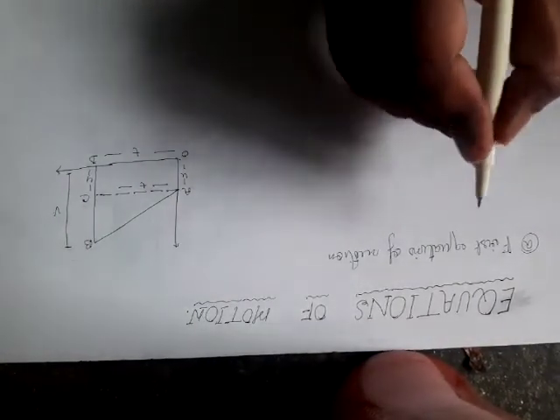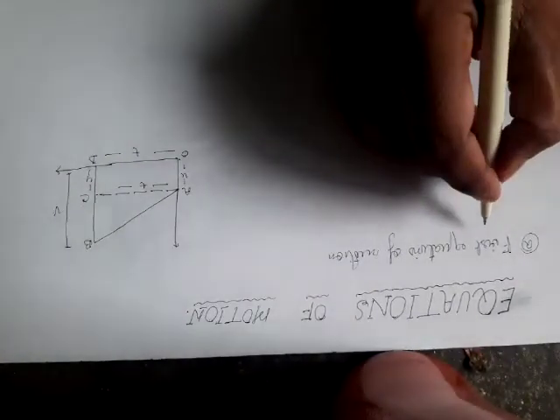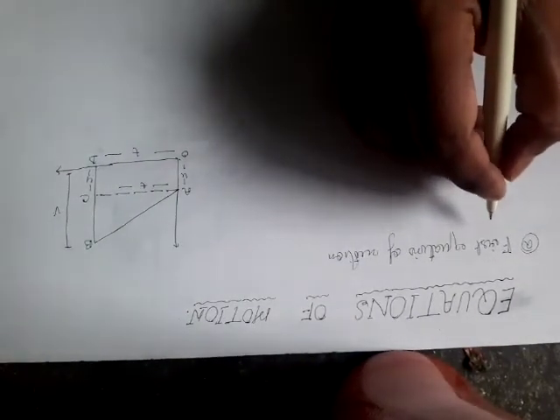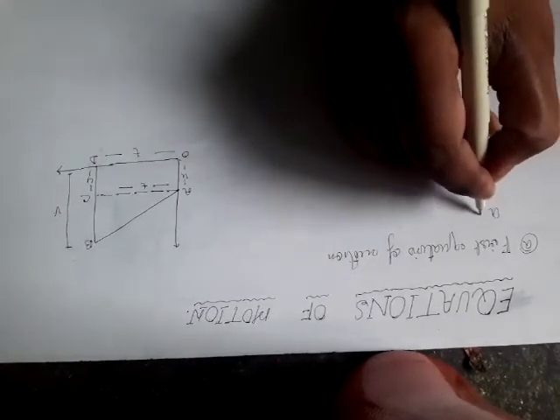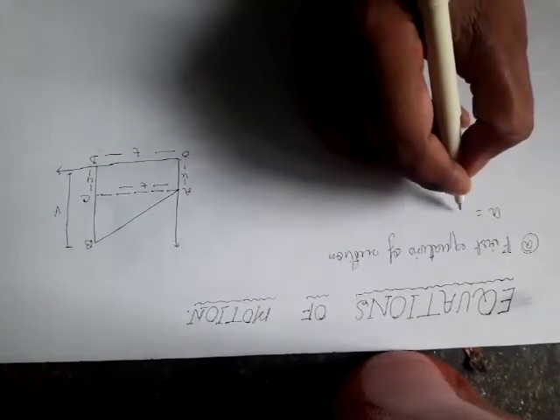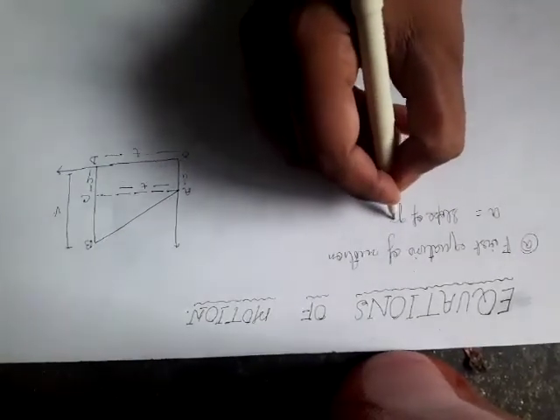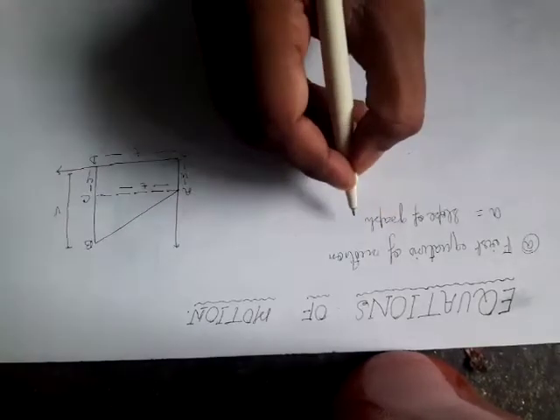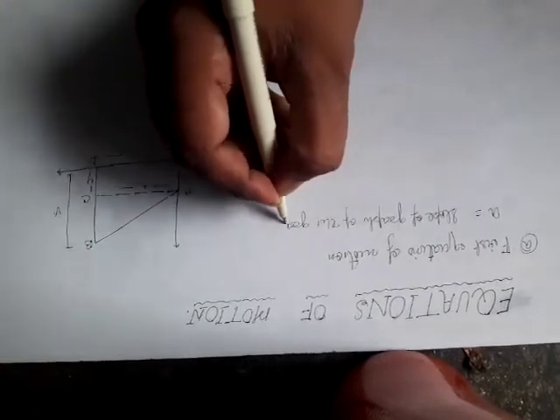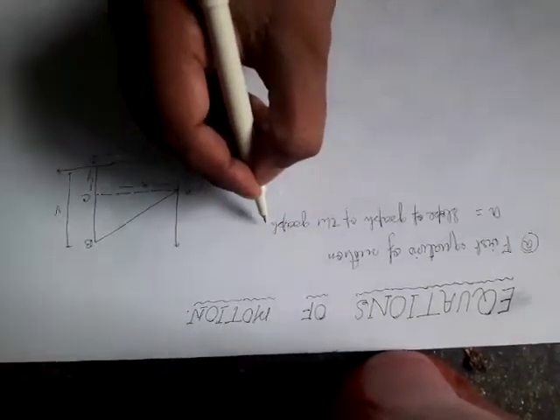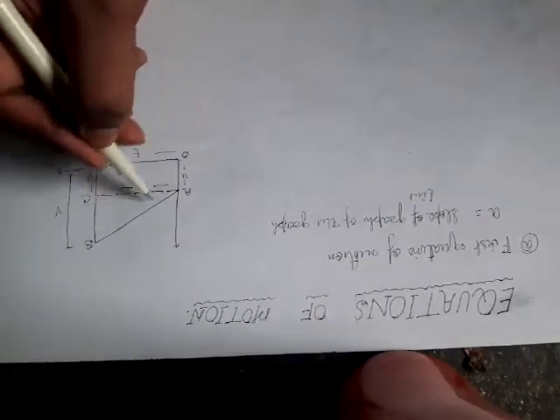How will we find it? In order to find the acceleration from the velocity time graph, acceleration is always equal to the slope of the graph, the slope of the graph line AB. Okay, this is AB.